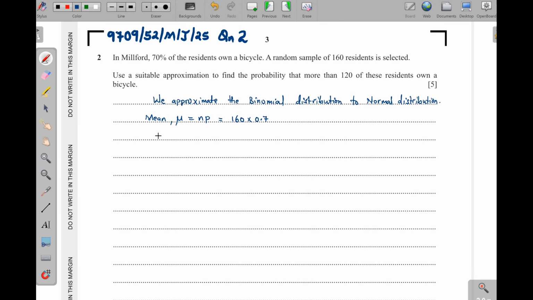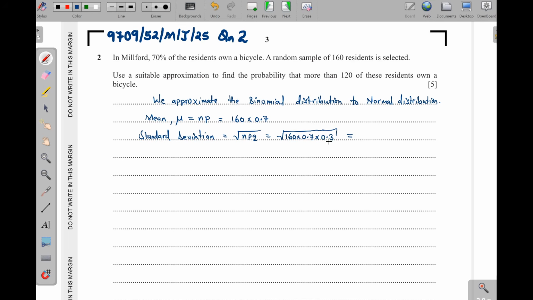Then there is standard deviation. We need these two in normal distribution. Okay, so standard deviation is going to be the root of variance, root of npq. So our n is 160, p is 0.7, then q is 0.3.